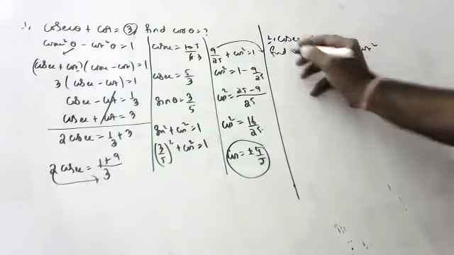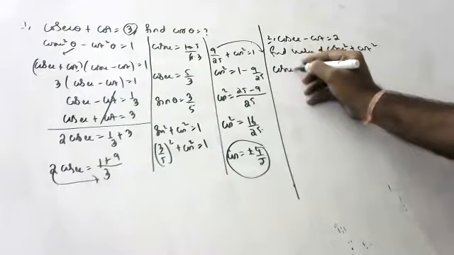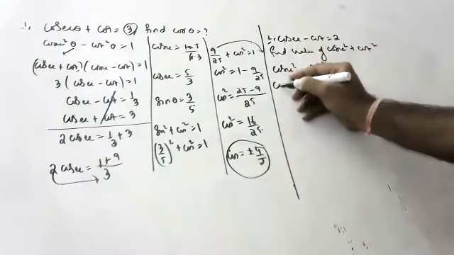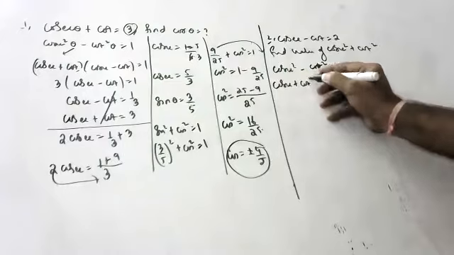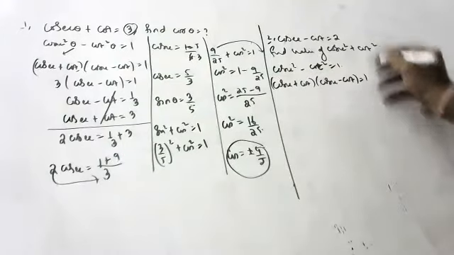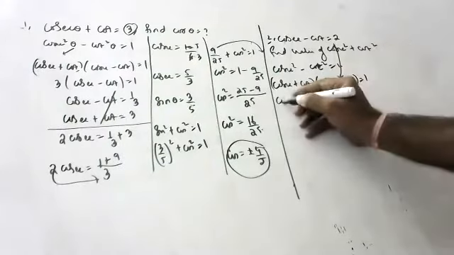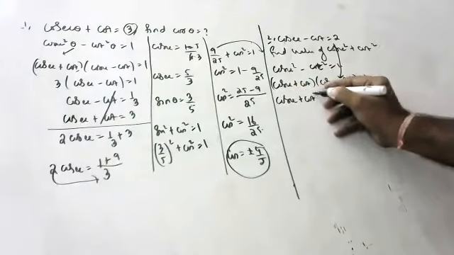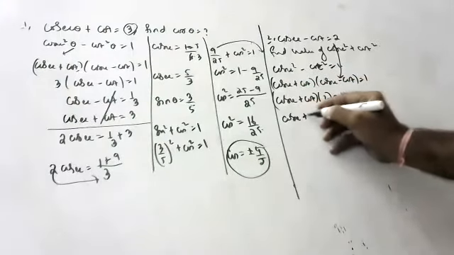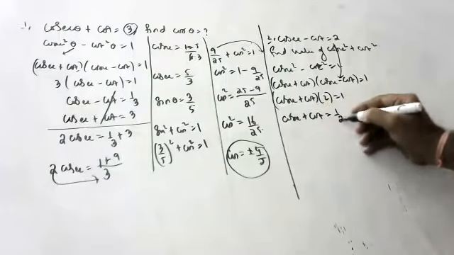Children, we know cosecant square minus cot square is equal to 1. That is, cosecant plus cot into cosecant minus cot is equal to 1. But this is given as 2. So cosecant plus cot into 2 is equal to 1. Cosecant plus cot is equal to 1 by 2.